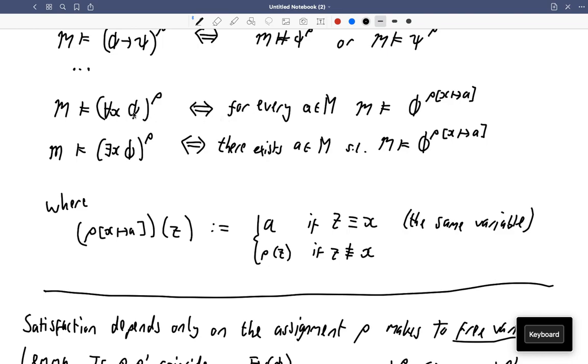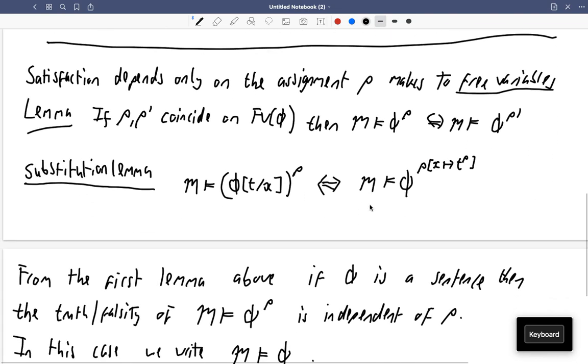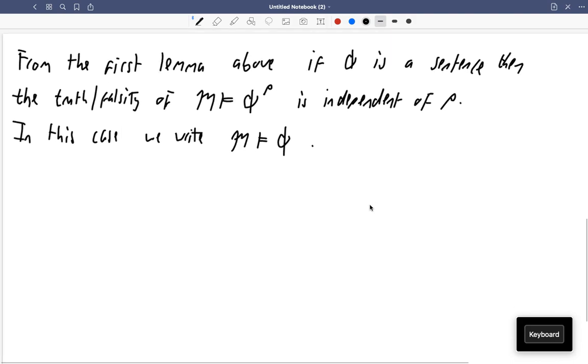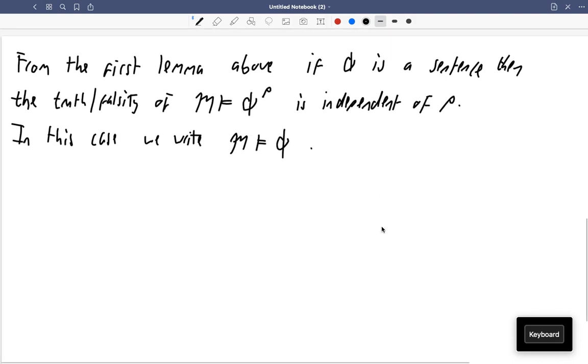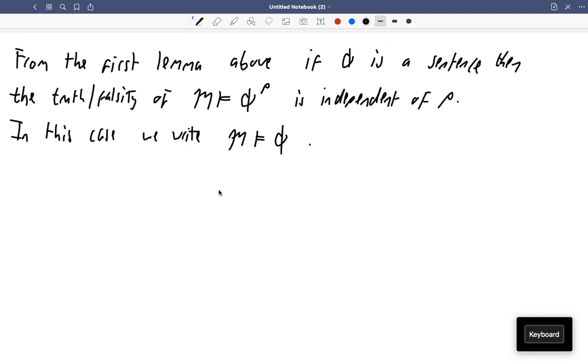And as soon as you go inside a quantified formula and you look at phi, you're no longer dealing with sentences. You've now allowed yourself to have free variables. And as you go further inside the formula, you'll get to more quantifiers potentially, and you're going to expose more and more free variables as you go along. So we have to deal with formulas that do have free variables, but in the end, we're really fundamentally interested in sentences and the truth of sentences in structures.